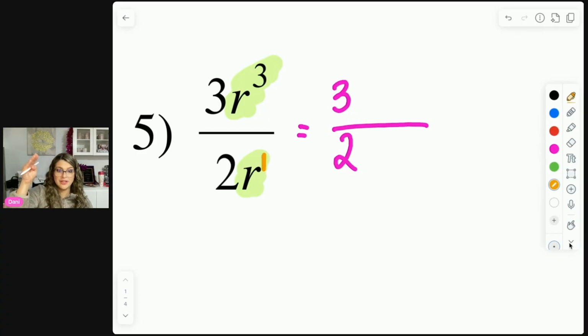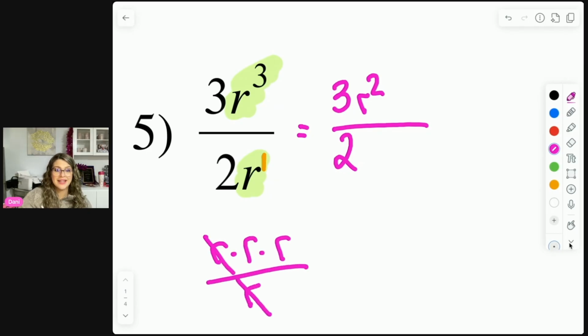Well, what's 3 minus 1? It is 2. So we get r squared positive on the top. Again, if you want to expand that out to see them canceling out, you totally can, but if you start getting higher exponents, it might be obnoxious.